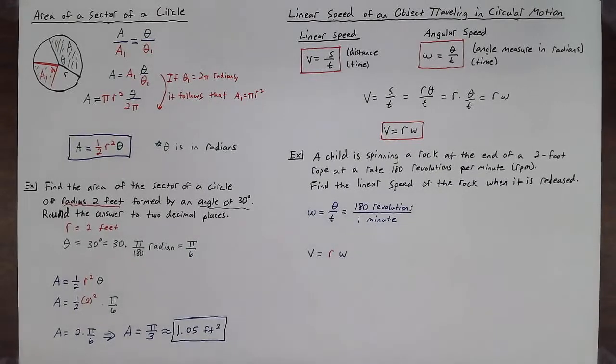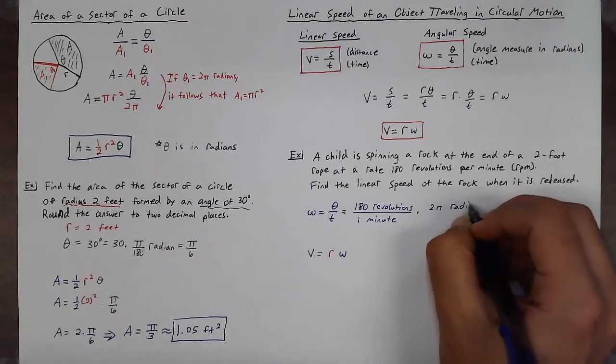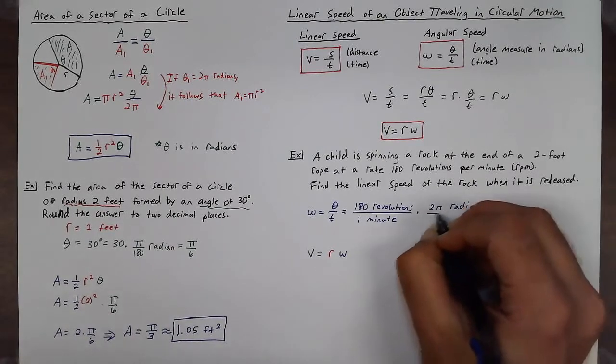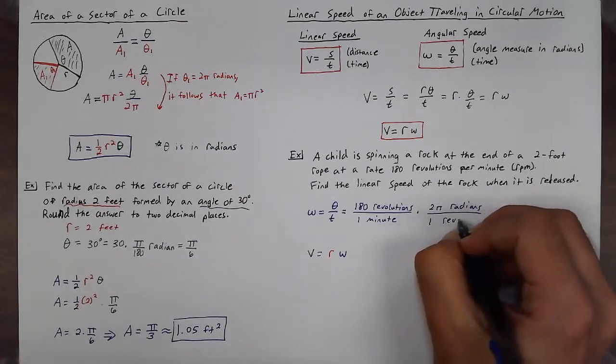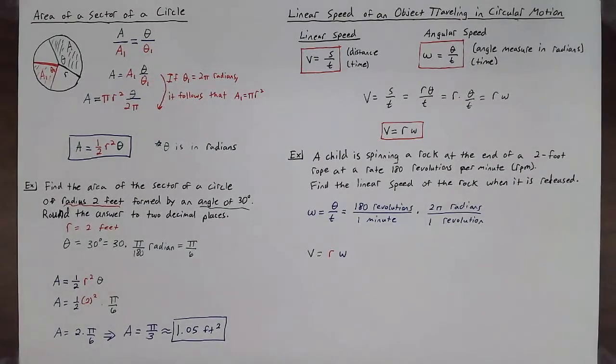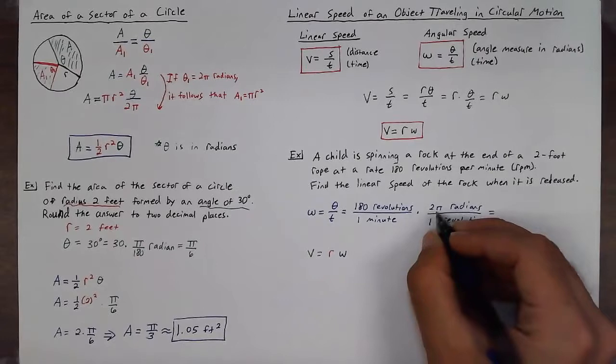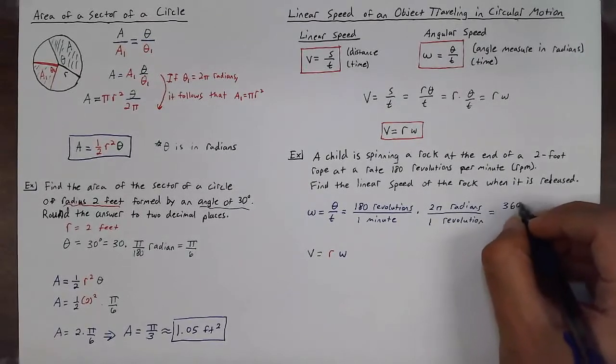But we want to convert that to radians. Now, we know from the previous lesson that 2 pi radians is 1 revolution. So we can convert that, and that will give me 180 times 2 pi, which is 360 pi.